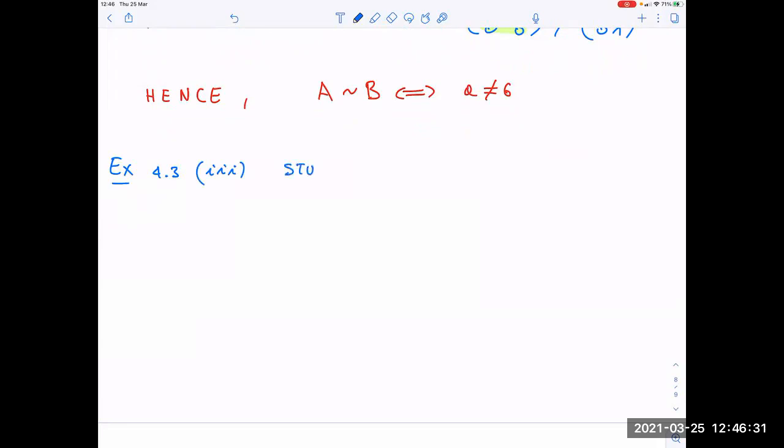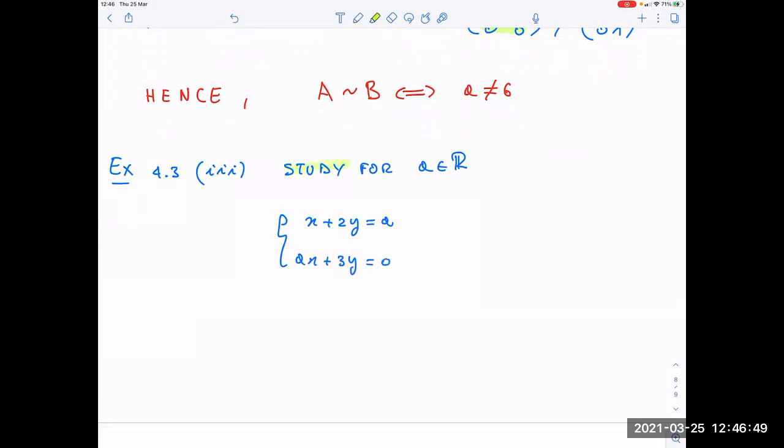I write: study for A in R the system that now I copy. x plus 2y is equal to A, Ax plus 3y is equal to 0.